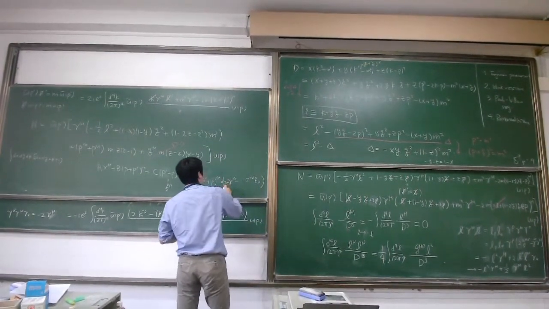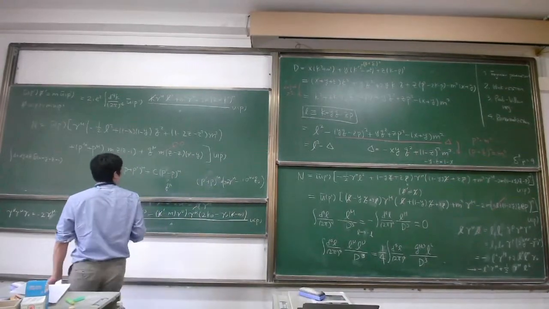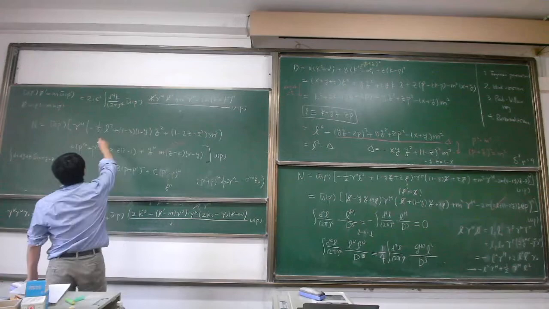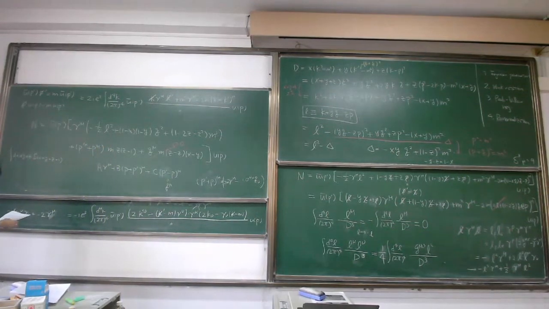So you can just replace p prime plus p mu by using this equation. You plug it into here, and then what's left is the following expression.